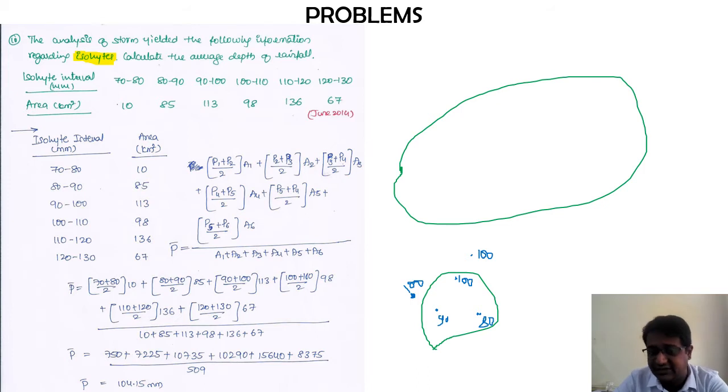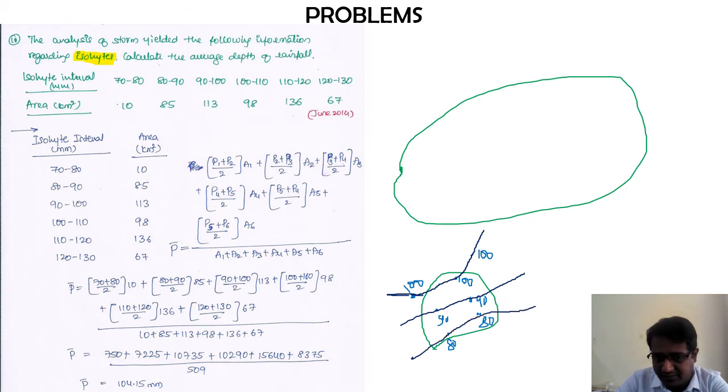Okay, similarly here I have 90 mm of rainfall at this point, and over here I have 80 mm of rainfall. So if I join these particular points with lines, this will become the isohyet. This is for 90 mm of rainfall, and this will be for 80 mm of rainfall.